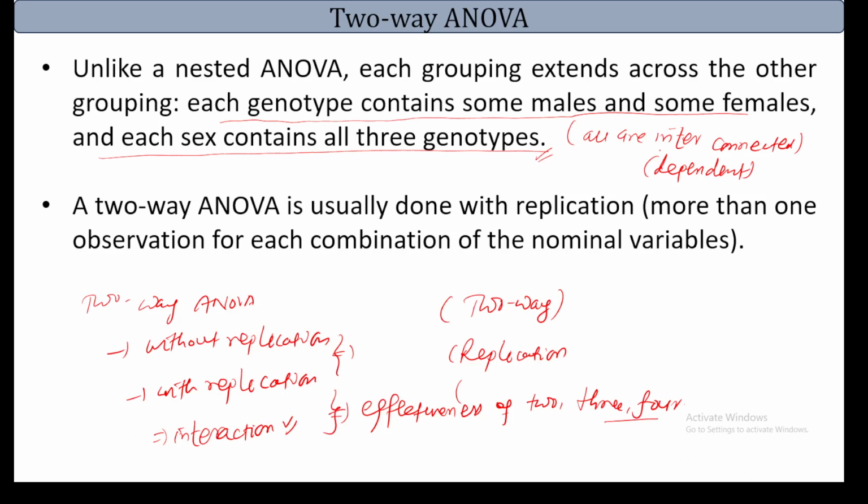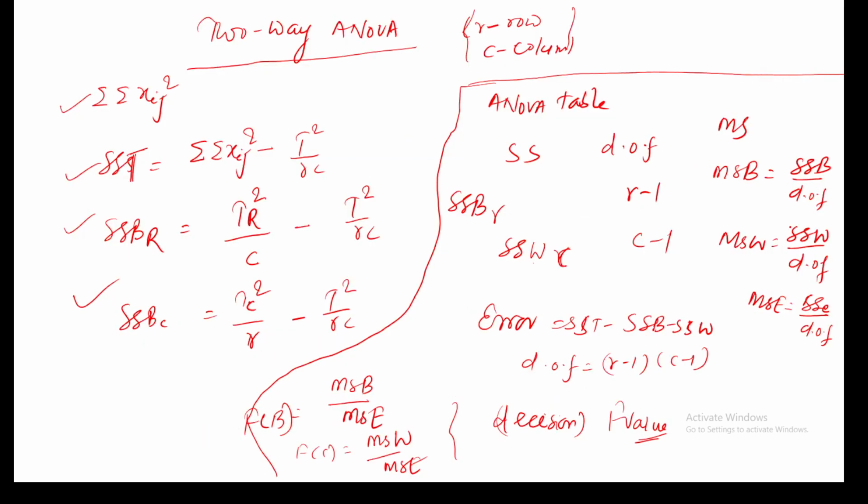The interaction coefficient we discussed in design of experiments, with three variables. The main effect will be there. If you calculate AB, that is the interaction effect between 1 and 2, only two.